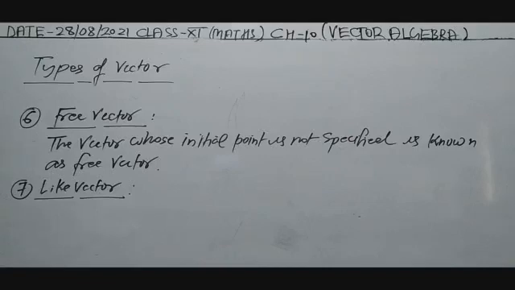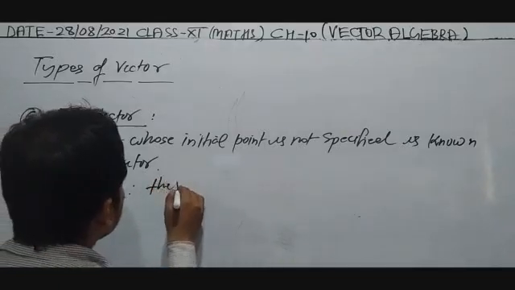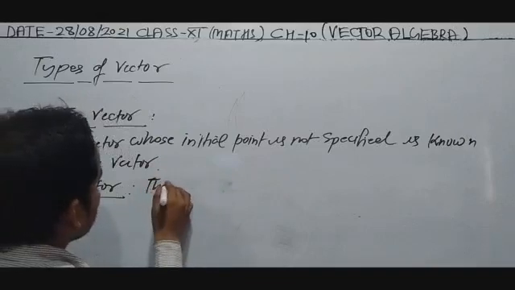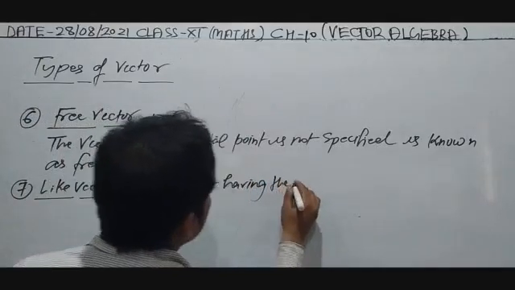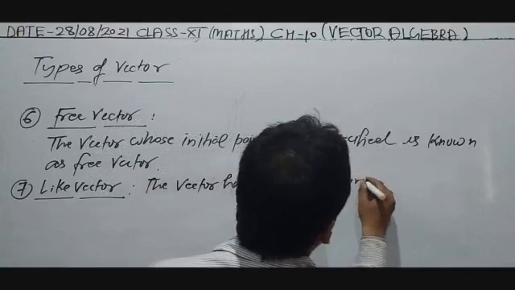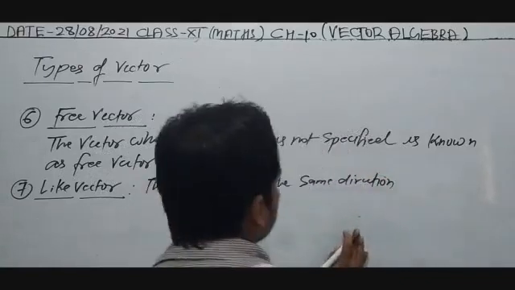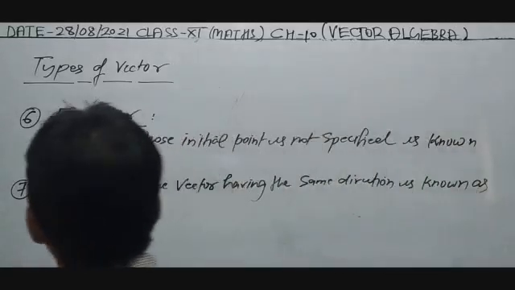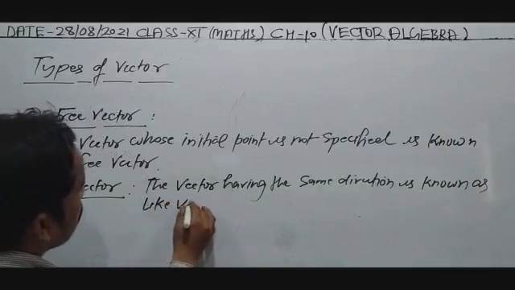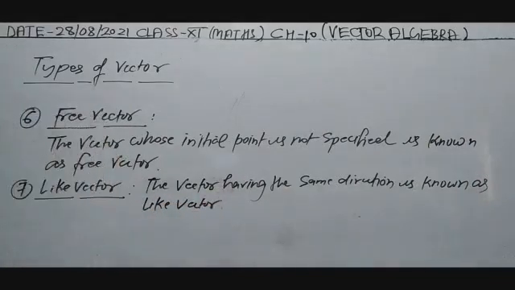The vector having the same direction is known as a like vector.